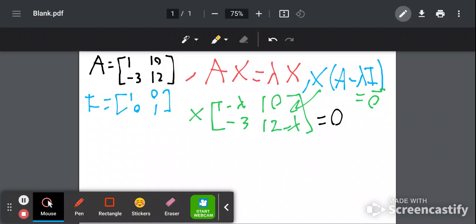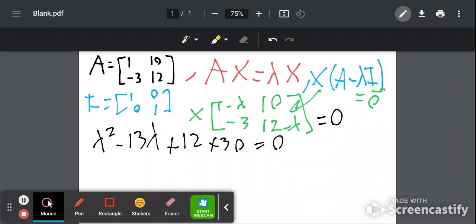The determinant of a 2 by 2 matrix is multiplying this entry by this entry and then subtracting the product of the other diagonal. So it becomes 1 minus lambda times 12 minus lambda, which becomes lambda squared, minus 13 lambda, plus 12, and then minus negative 30, which is plus 30, equal to 0.